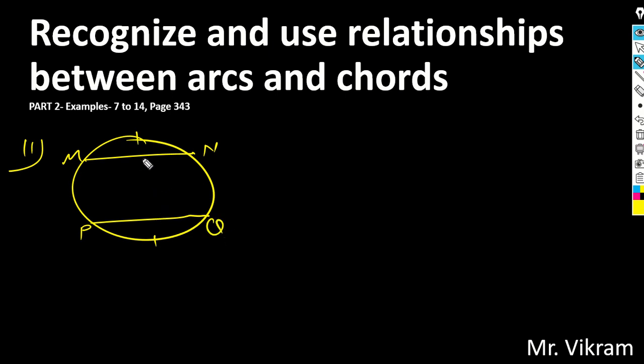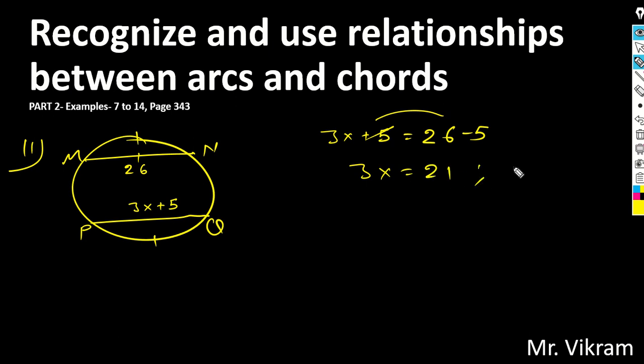Now we need to find the chord this time. So this is 26 is given. This is 3x plus 5. So what you will do, 3x plus 5 is equal to 26, minus 5. So 3x is equal to 21. x will be equal to 21 divided by 3, which will give you 7.